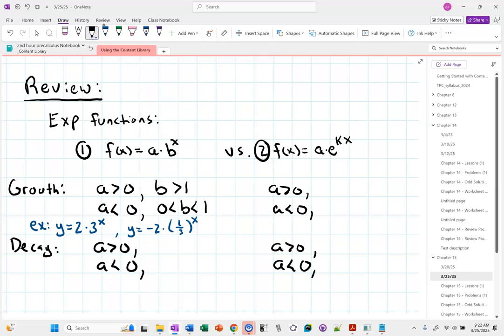Now, decay is going to be the opposite. So when a is positive, then I need b between 0 and 1. And when a is negative, I need b greater than 1.